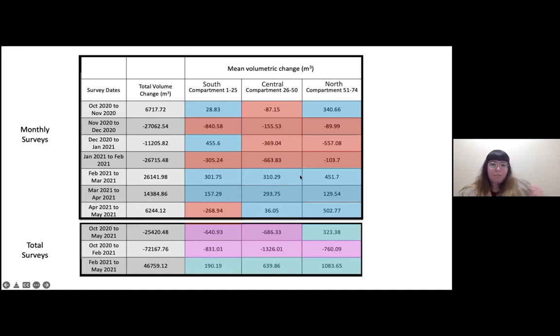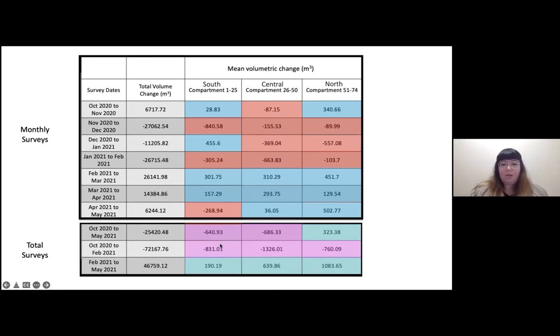I've color coded it where red is indicating loss, and the blue color is indicating volume gain. And so you can see right here, it's majority red until we reach the January to February period, which is again our inflection point between the sediment loss and then gain, primarily until May.